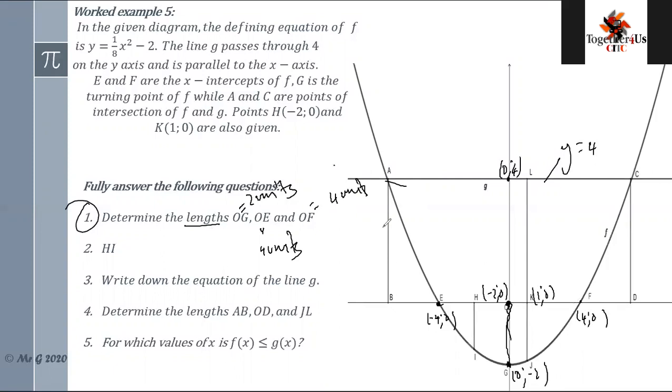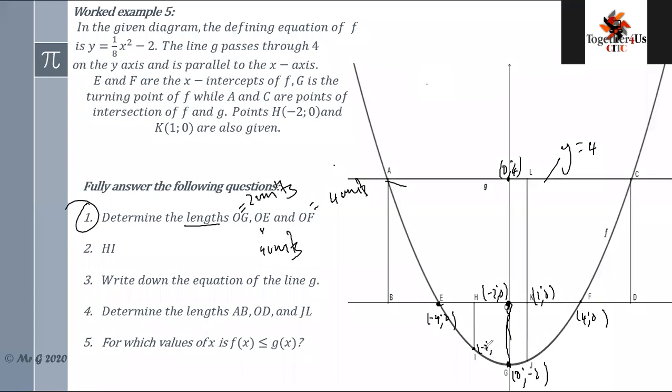And this is what you would have done. Now, HI. Here is HI. This means I have to first find the y coordinate for I, because this is parallel to the y-axis. I must find this distance in terms of the y values. Fortunately, the x value at I is -2, because H and I are on the same line.